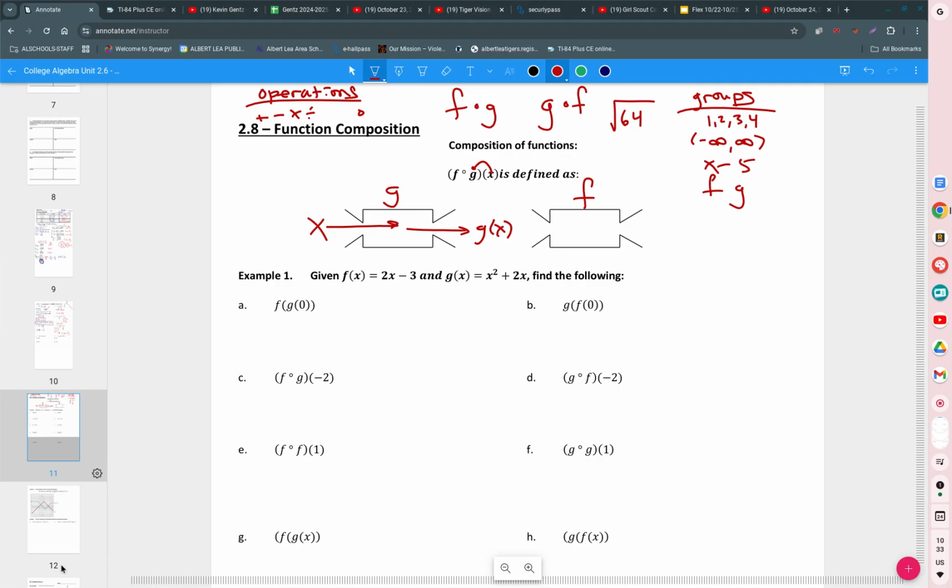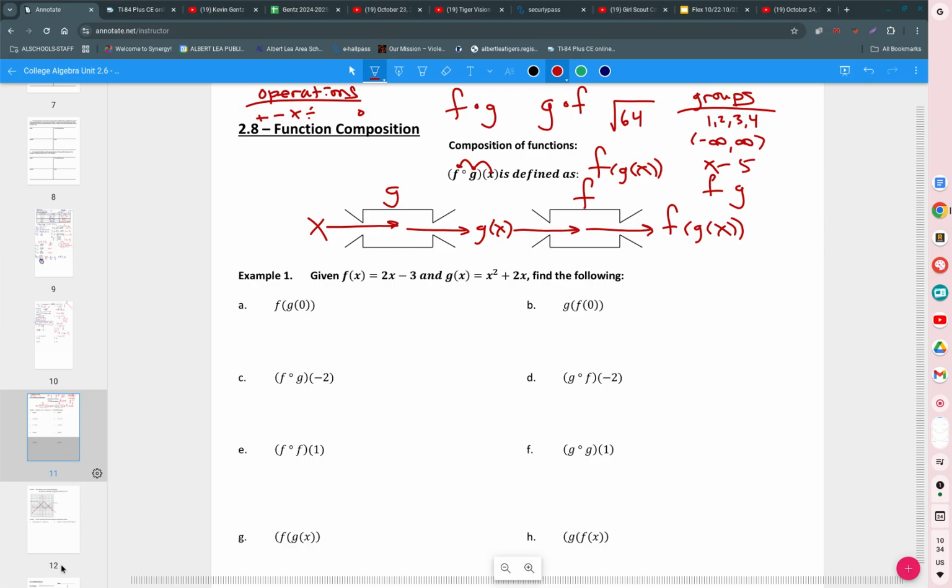Plug that into f. We then plug that into f. Good job, Keaton. And we get out f of g of x. So f composed with g of x is defined as f of g of x. These are synonymous. So if you have the circle in the middle, that means composition, which is what you have right on the end. Those mean the same things.